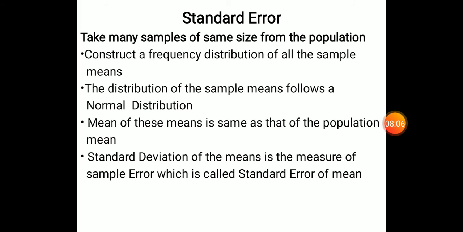Now there is another concept, standard error. So far in the sampling technique, we have one population, and from that we have selected one sample. Of course, in your assignment you have selected 2 samples. So imagine that from a single population we are selecting repeated samples.